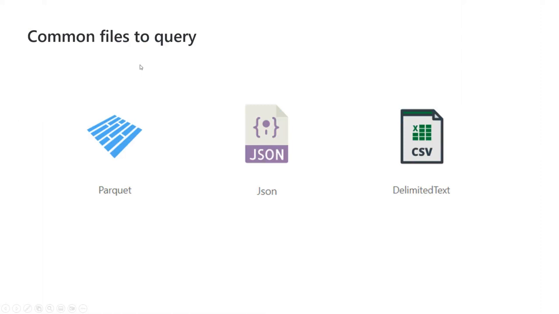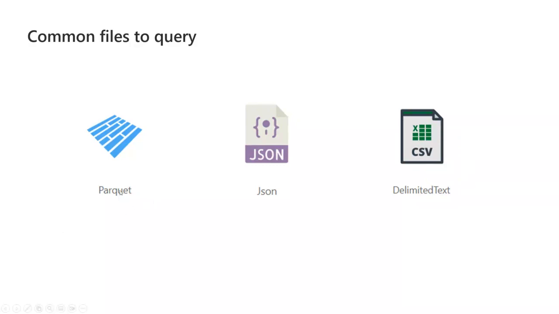The common files you can query within a SQL pool are going to be with a Parquet extension. Parquet is column-oriented files, right?